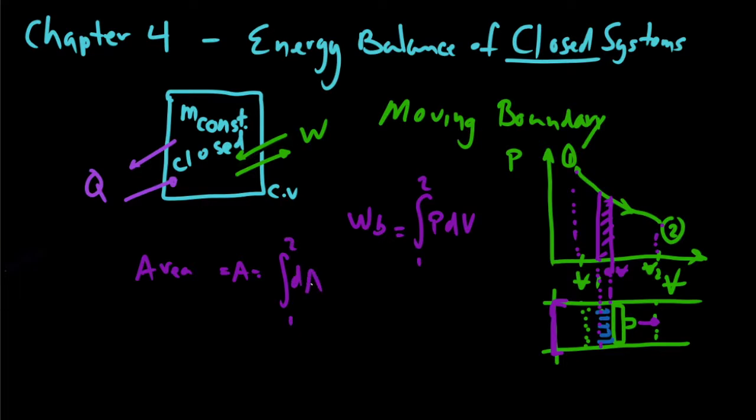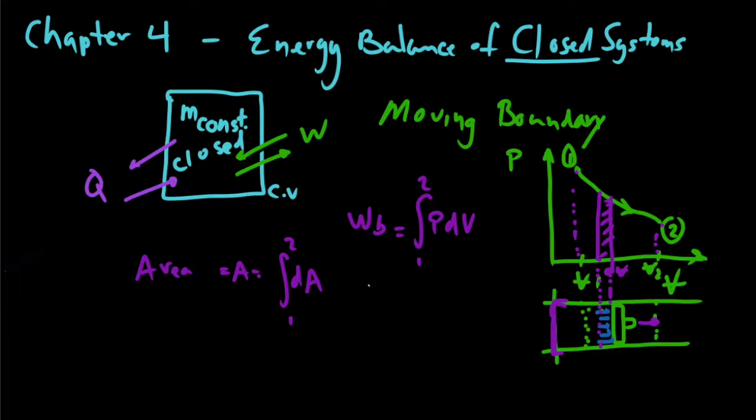So this would be integrating from 1 to 2, or from 2 to 1, the whole area that we're applying the pressure across. Of course, a force over an area is a pressure, and that's how we substitute P dV.